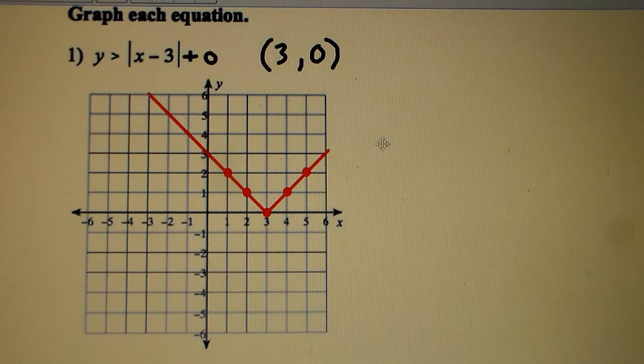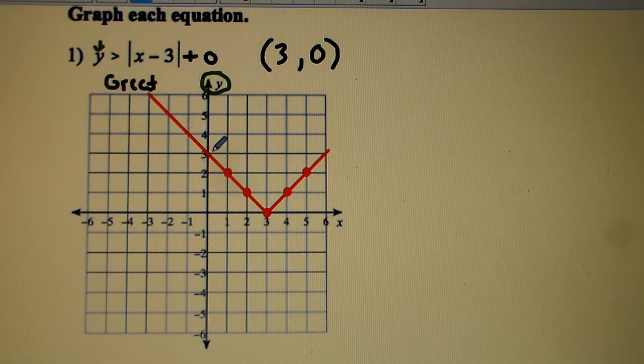Well, anytime the little inequality guy is eating a variable, that's saying y is greater than. So this is greater than the x minus 3 plus 0. So where are the numbers greater than on our graph? I always like referring to the y-axis because it's eating the y.